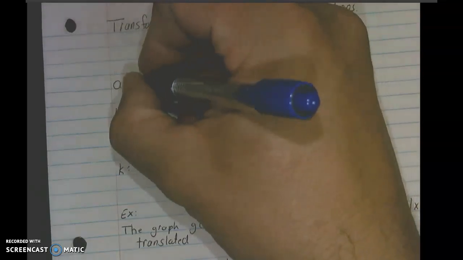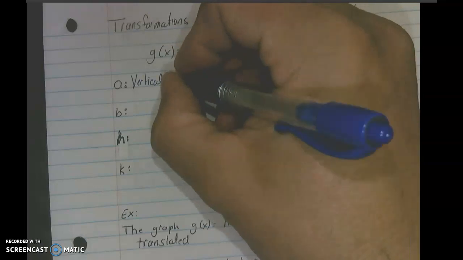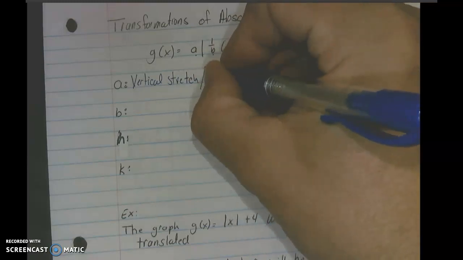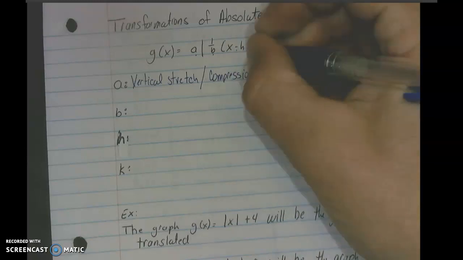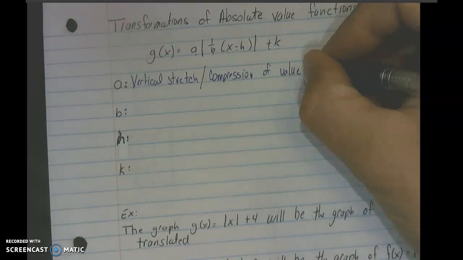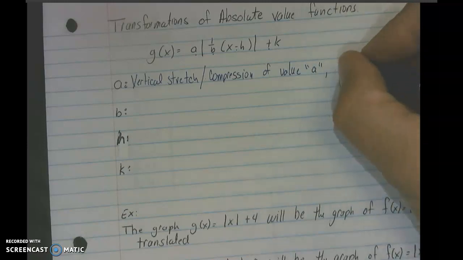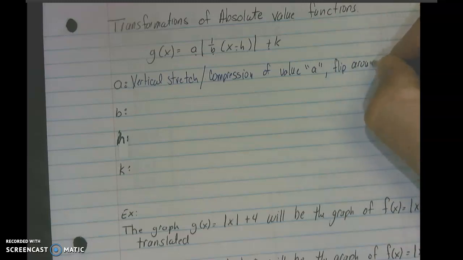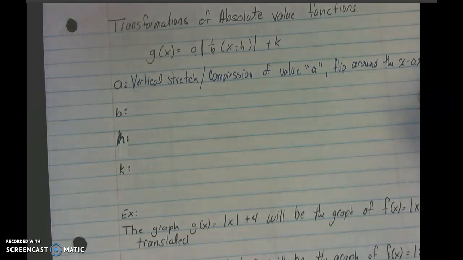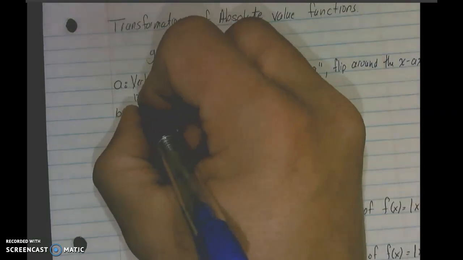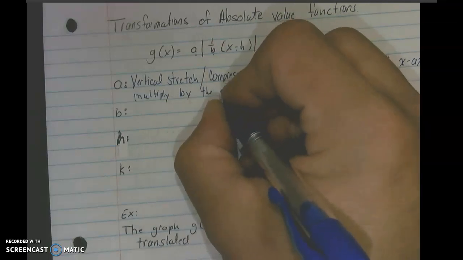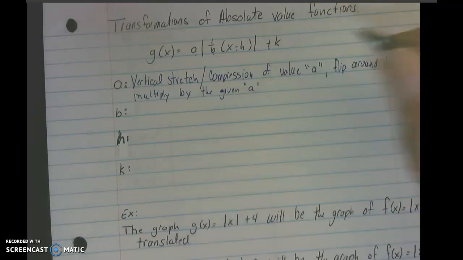So A is our vertical stretch / compression of the value A, and it's a flip around the x-axis, and we just multiply by the given A. Okay, so if it's a whole number, you multiply by a whole number.